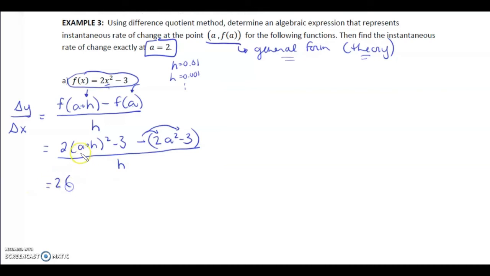So I'm going to go ahead and expand (a + h) squared. If you need to see the long version of it, I'll do this first, and then we'll expand in the next line. Okay, and then this is going to be negative 2a squared, and negative of negative 3 is going to be positive 3.